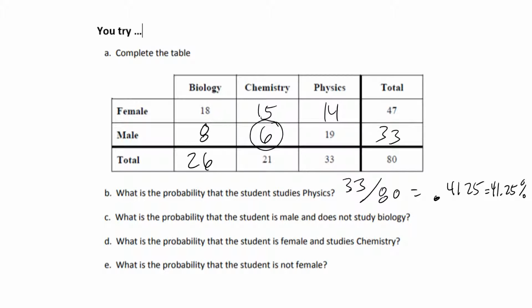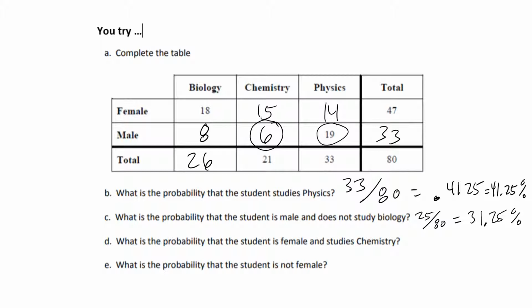That means we got 6 males doing chemistry, 19 doing physics, that's total 25 out of 80 students. 25 divided by 80 gives us 31.25%.